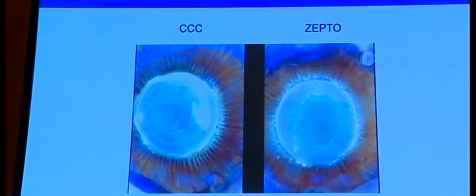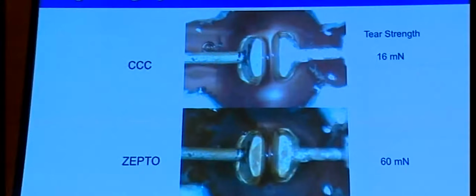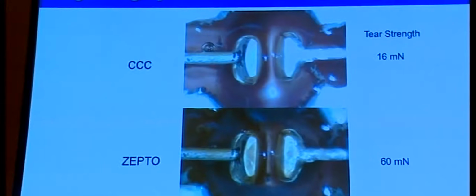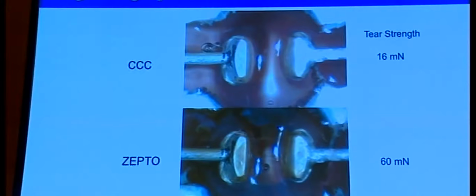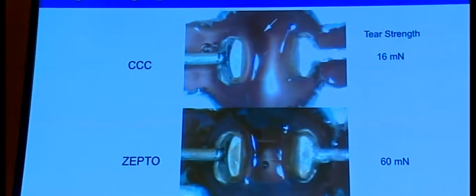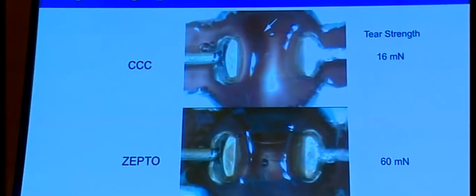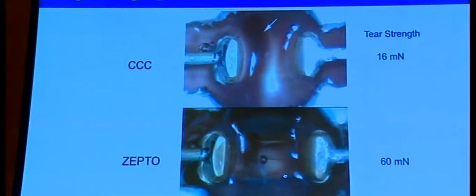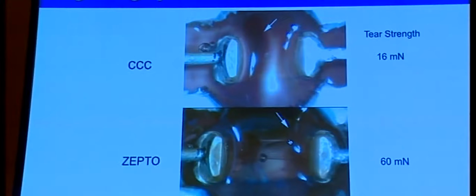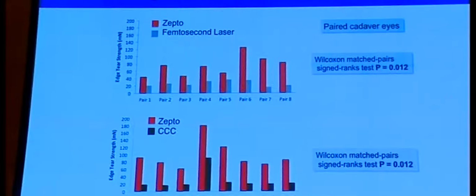After making this Rexis, there was a testing system which held the Rexis and pulled it. In a normal CCC or a needle Rexis, the Rexis gave way at a force of 16 millinewtons, whereas in a Zepto Rexis, it gave way at a force of 60 millinewtons, almost three and a half times the strength it was able to absorb to reach the tearing level.